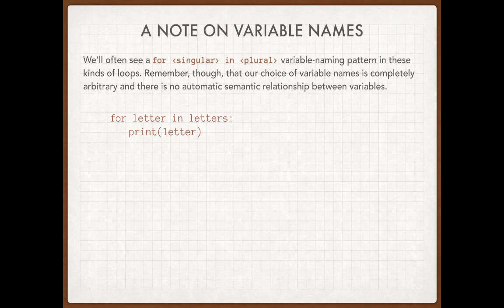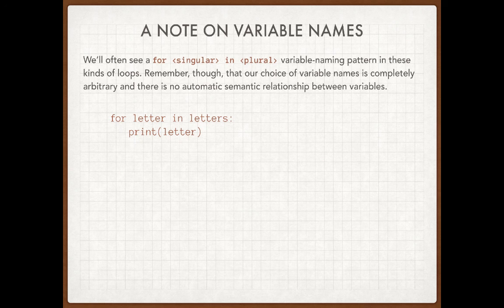However, I just wanted to point out that you'll often see an interesting pattern. That is to say, you'll often see a for loop written as for some singular thing in a list of some kind of plural thing, right? Like this one. We might have a list of letters of some kind, and in the for loop, we copy each of those values into a temporary variable called letter.